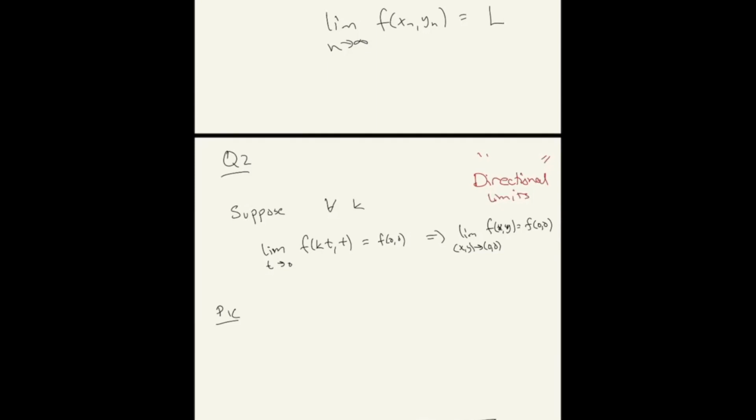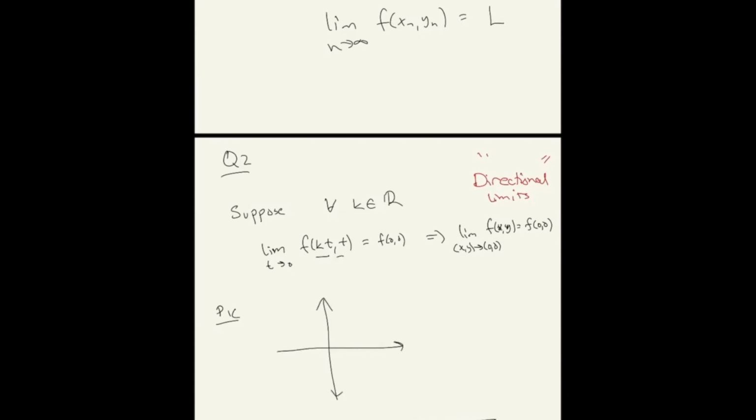So suppose I took a limit, for all k in real numbers, of f(t, kt). So what am I taking the limit of? These are good to draw as a picture.